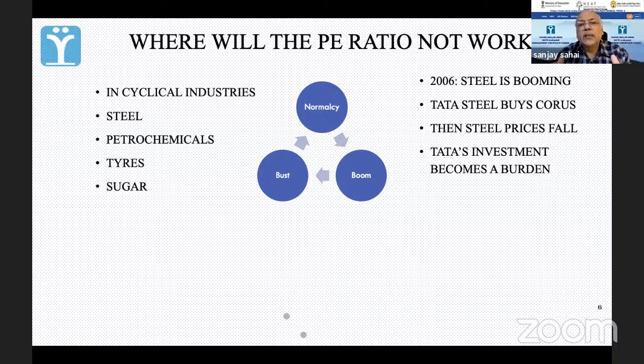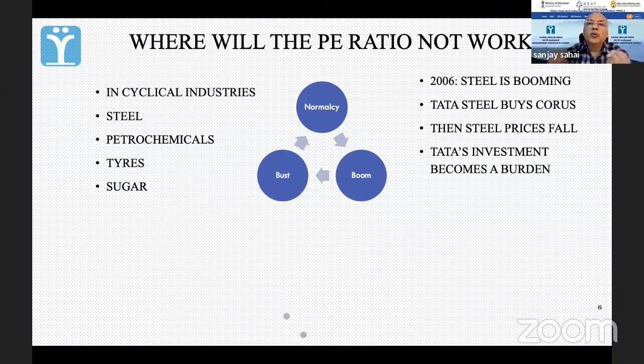And then after some time, since the industry is cyclical, the steel prices began to fall. This was the period when China was stepping up its capacity in steel, supplying a lot of cheap steel to the world. The result is that the price began to fall. And suddenly Tata found that this whole investment was not so good.